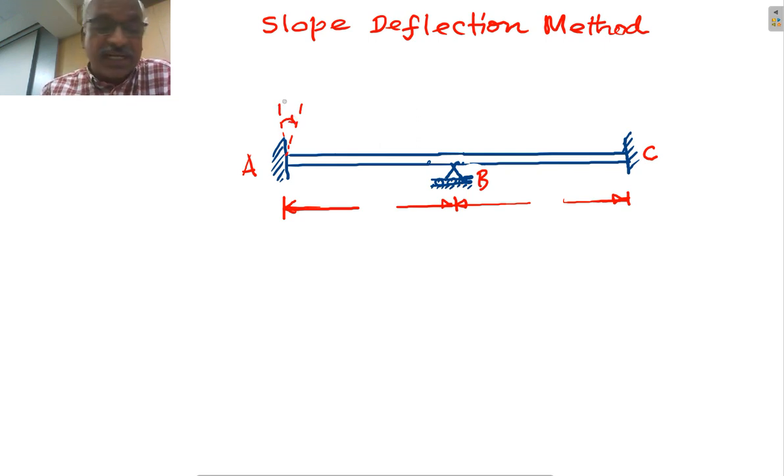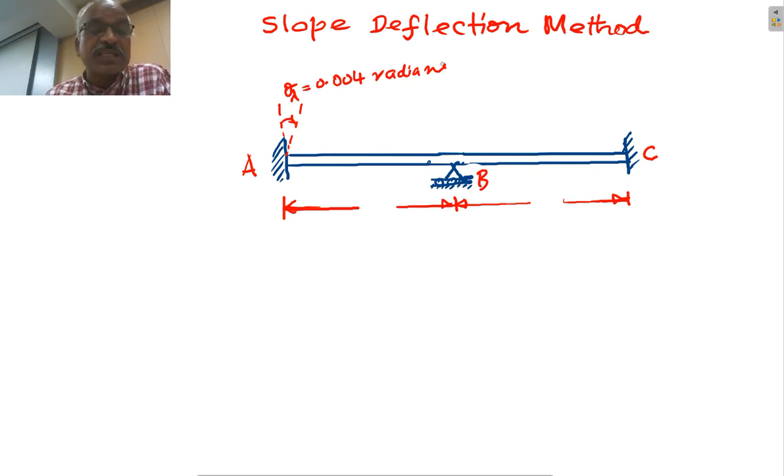So this is theta A, with a value of theta A equal to 0.004 radians, a clockwise rotational slip of 0.004 radian at the fixed end A that we have marked.